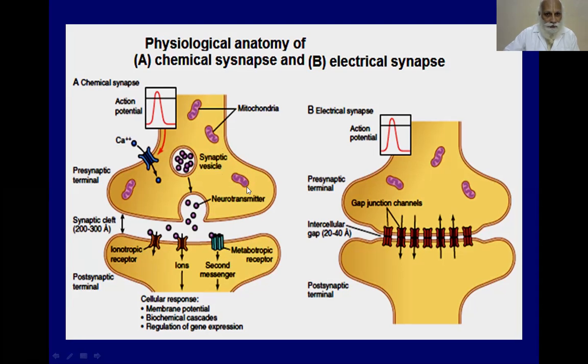You can see the mitochondria in the presynaptic part, channels for the calcium, which come into activity when an action potential arrives.